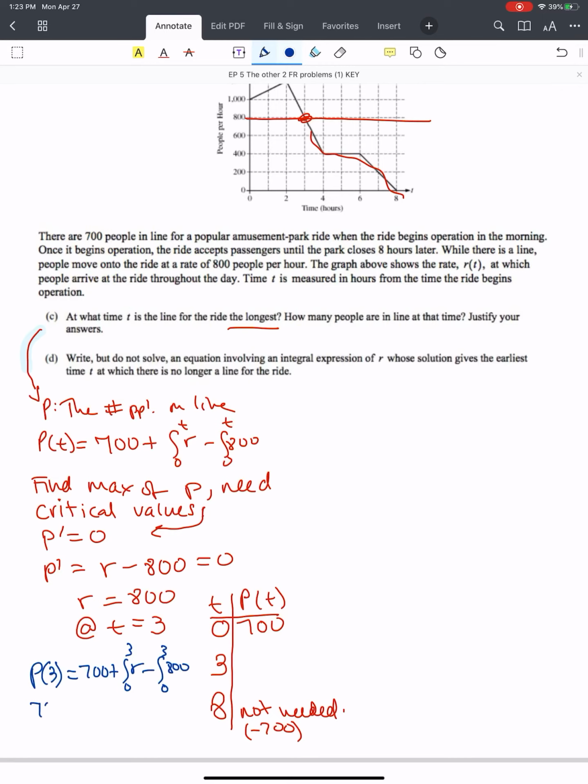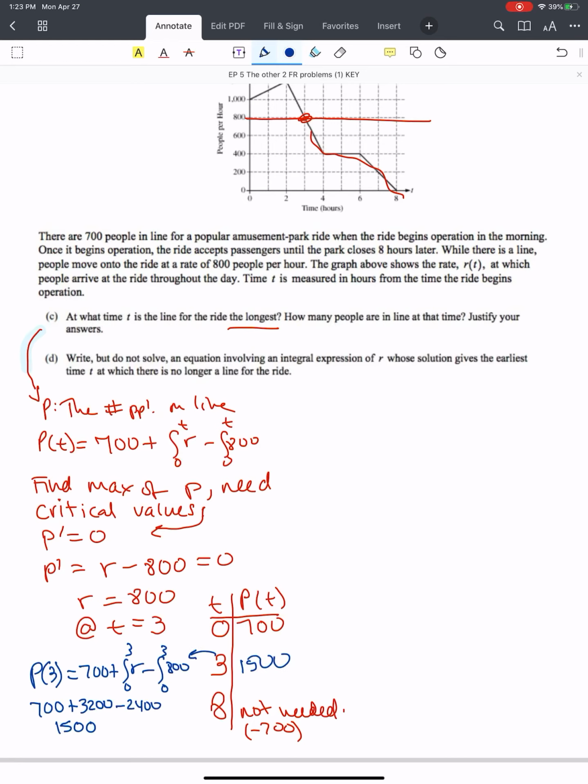So that is 700 plus, and then from 0 to 3, that is 3,200 minus, and then for 3 hours, getting off at 800 per hour, that would be 2,400. So this ends up being 1,500. So that can go here.